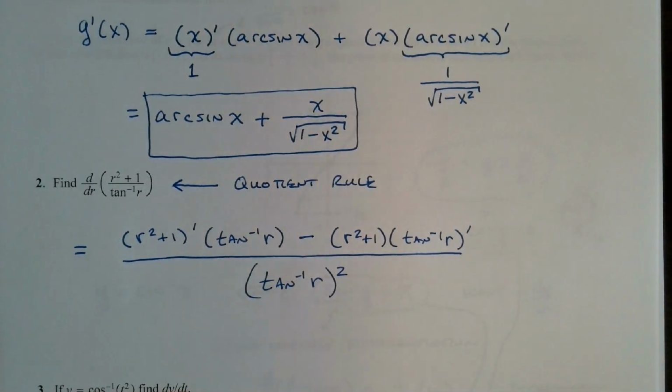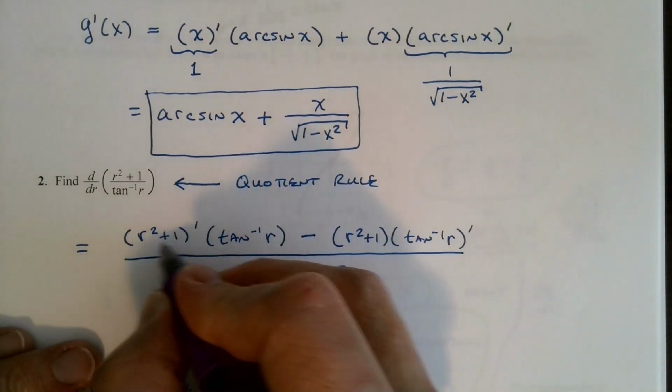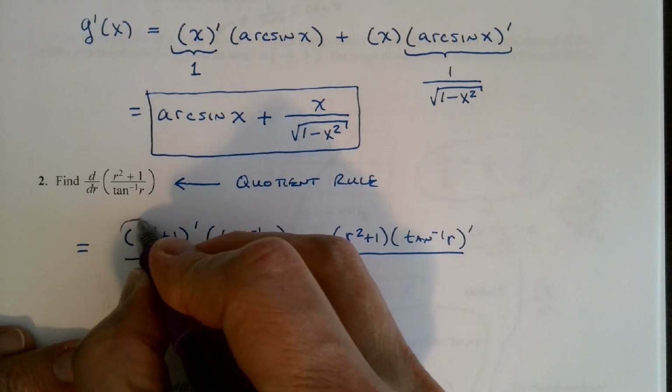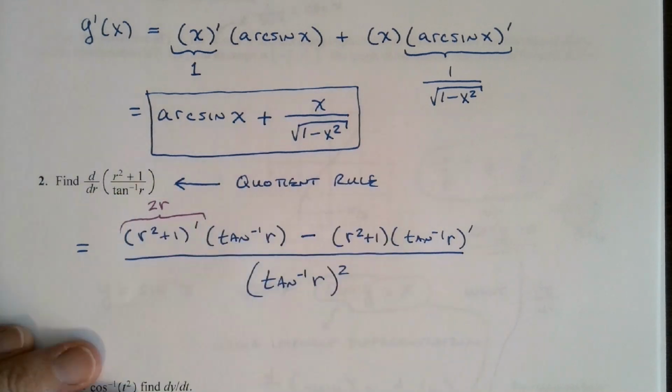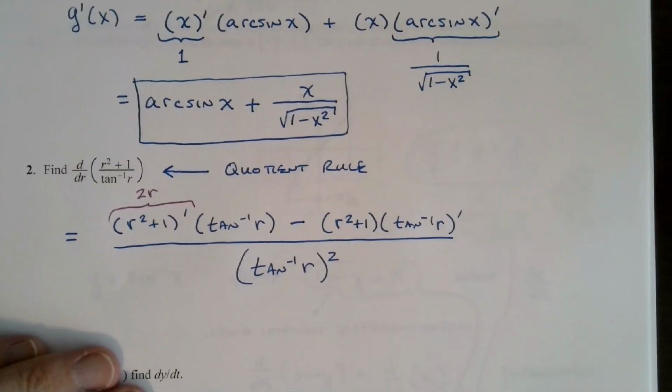Okay. Now, what's the derivative of r squared plus 1? That's pretty easy. I hope everyone can get that immediately. It's just 2r. It's a simple polynomial, power rule, constant rule.